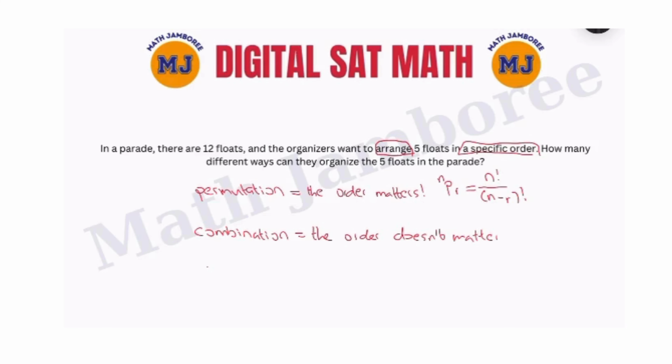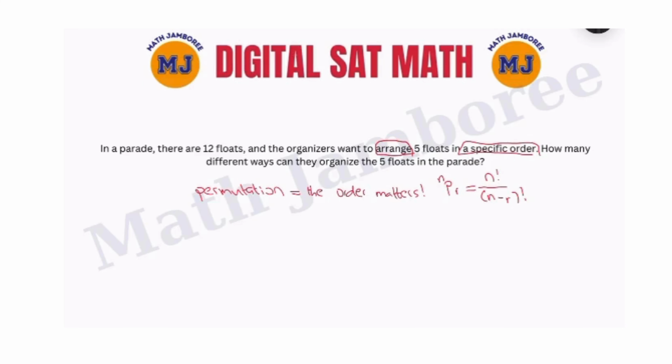So C, this time with C, and then n factorial divided by r factorial times n minus r factorial. Alright, but for this question, we're gonna use the permutation formula, so I'm gonna erase those. You can take a screenshot if you like.